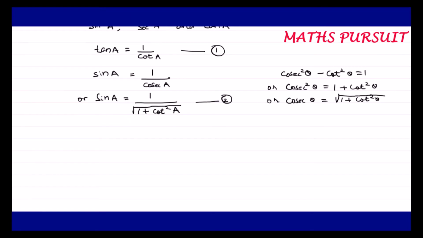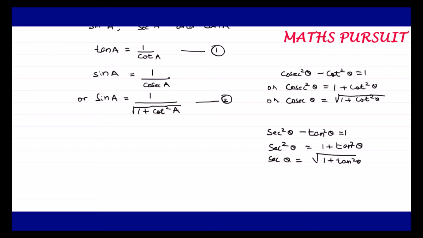We got sec square theta minus tan square theta is equal to 1, or I can write sec square theta is equal to 1 plus tan square theta, or I can write sec theta is equal to root over of 1 plus tan square theta.